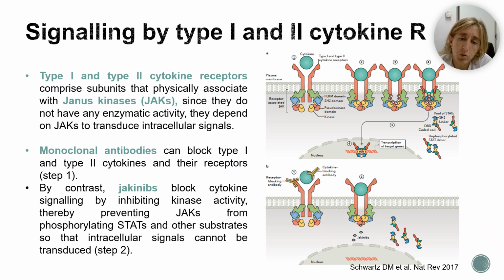So type 1 and type 2 cytokine receptors comprise subunits that physically associate with JAKs, given that these receptors don't have any enzymatic activity that lets us transduce the intracellular signals, so they benefit from the participation of JAKs. Monoclonal antibodies are the ones that can block type 1 and type 2 cytokines and their receptors in different manners, just trapping the cytokine or maybe interacting with the receptors.